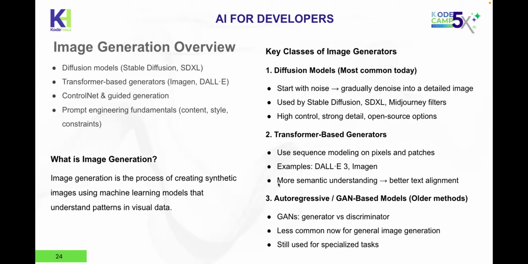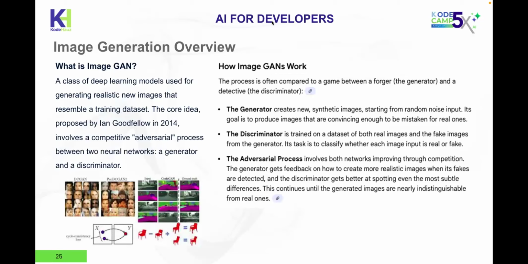You can even see control in transformer based generators, but with the GANs, you don't really have very good control, right? But they are still used for specialized tasks. So those are the different types of image generators.